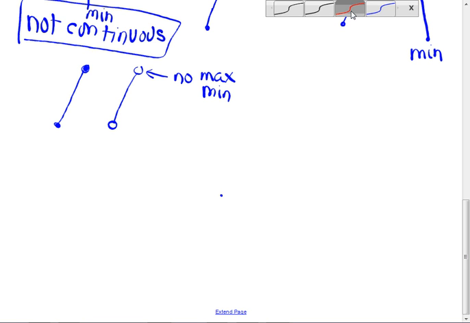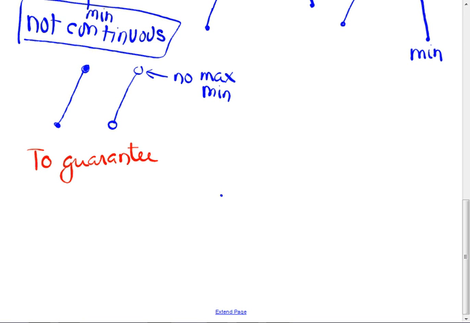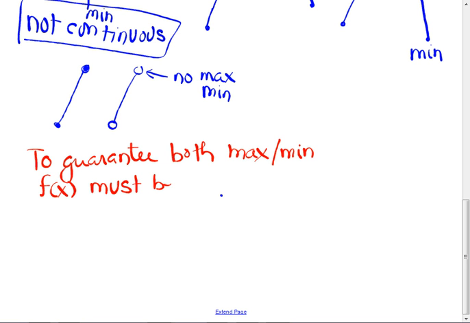Okay. So to guarantee that you get both the max and min, f of x must be continuous and on a closed interval.